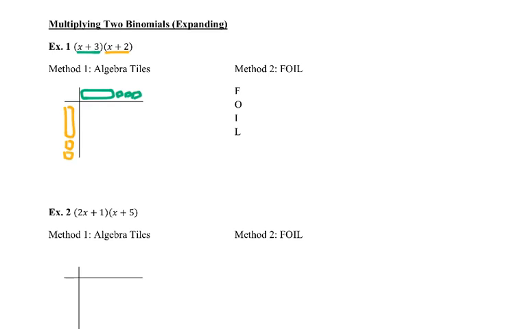Now what we want to do is fill out the inside of our grid. When we multiply the two long rectangles, the two x's, we are going to produce one large square. When I multiply a single square by a long rectangle, we produce an individual long rectangle.